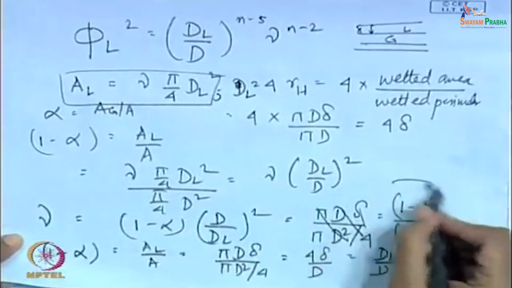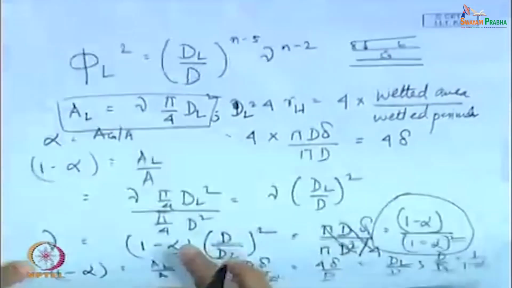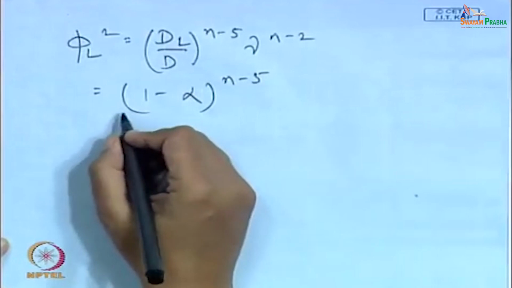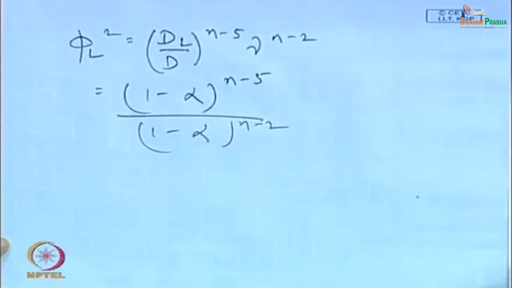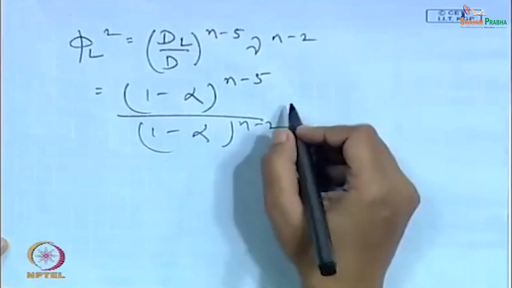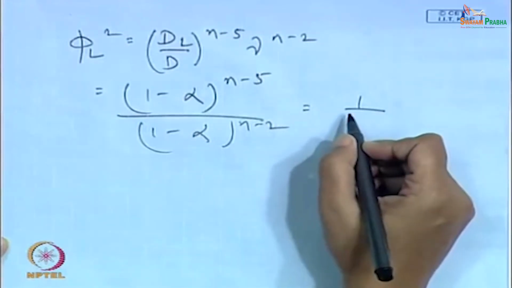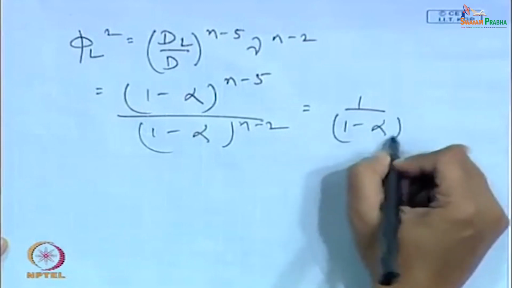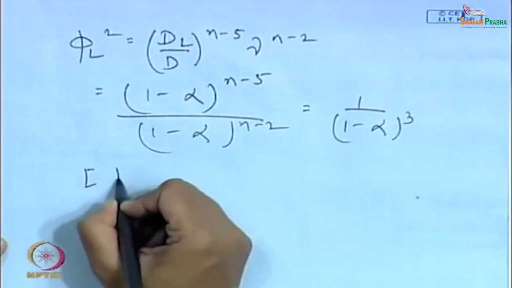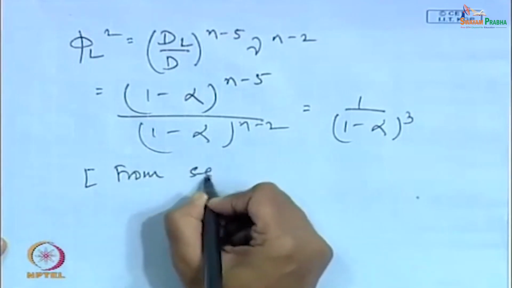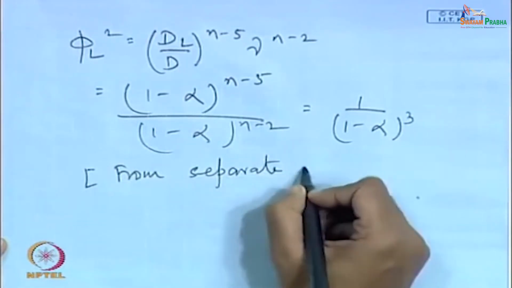This is nothing but 1 by 1 minus alpha. So, therefore, this will become 1 by (1 minus alpha) whole to the power n minus 2. Fine. So, therefore, this is nothing but equal to 1 by (1 minus alpha) whole cube. Agreed? This we have obtained from the separate cylinder model.